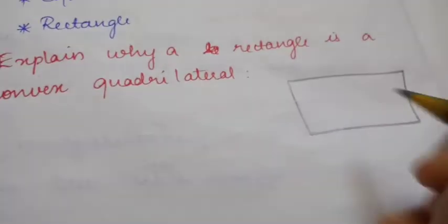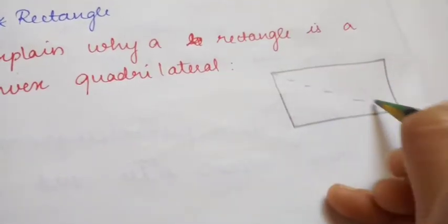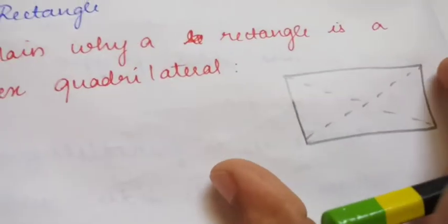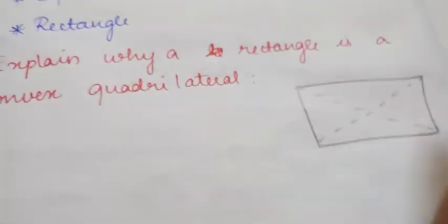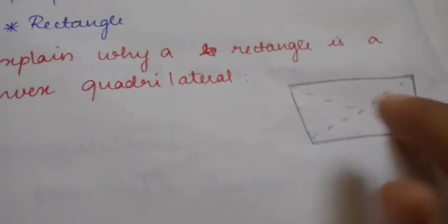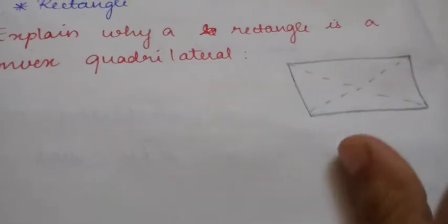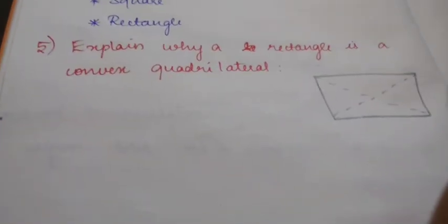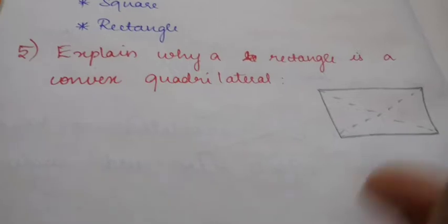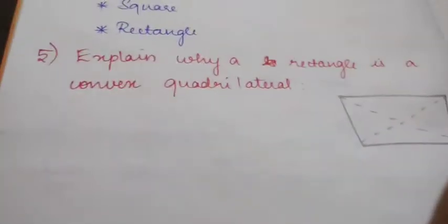Why are we saying that a rectangle is a convex quadrilateral? See, our diagonals will be inside our rectangle. The diagonals will be lying in the interior of this quadrilateral, so we cannot frame that diagram inside it. So the quadrilateral will be outside, so it will be convex.